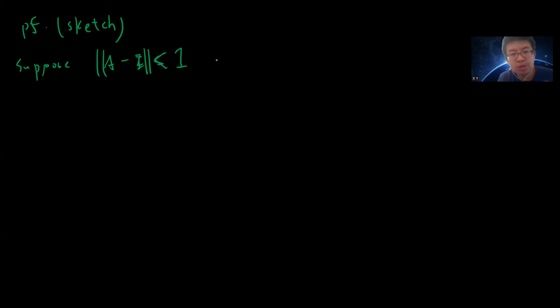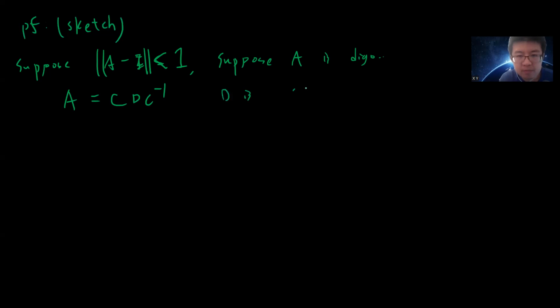When you do a proof in linear algebra, you can first assume that A is diagonalizable and then check whether this is true. So I do the simple case first: suppose A is diagonalizable, which means that I can write A equals C D C inverse, where D is diagonal.